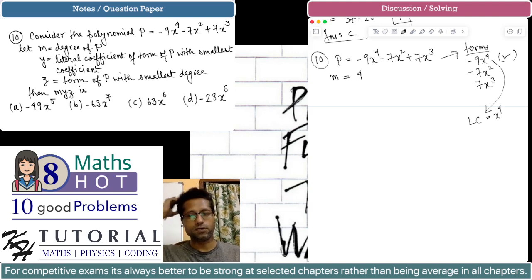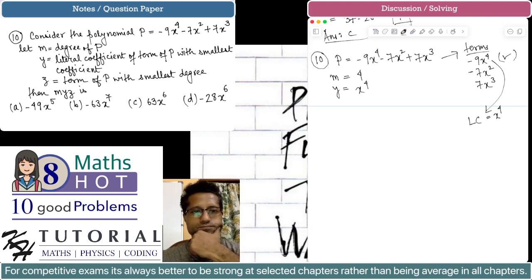What is the literal coefficient of a term? If you exclude the numerical coefficient of the term, whatever is remaining is known as the literal coefficient of the term. So for the term minus 9 x to the power 4, its literal coefficient is x to the power 4. So we have y equal to x to the power 4.